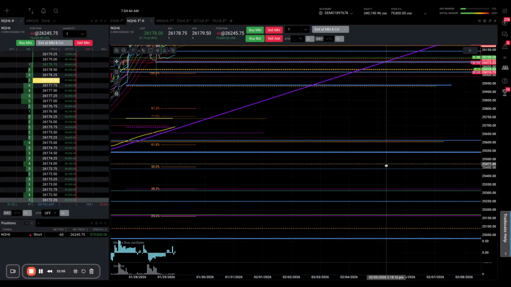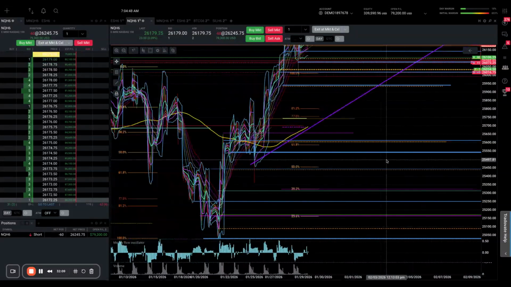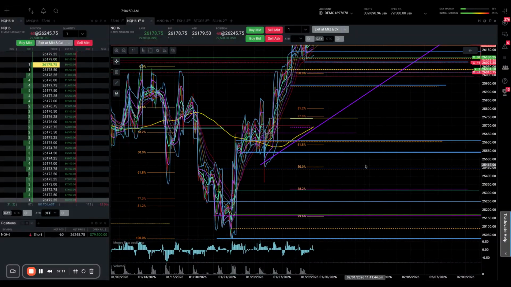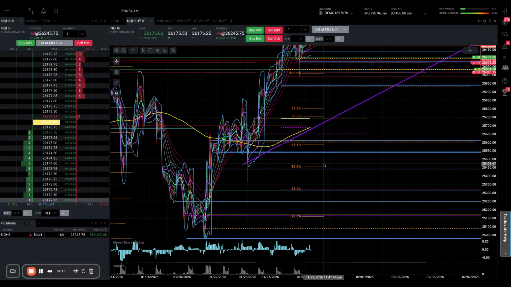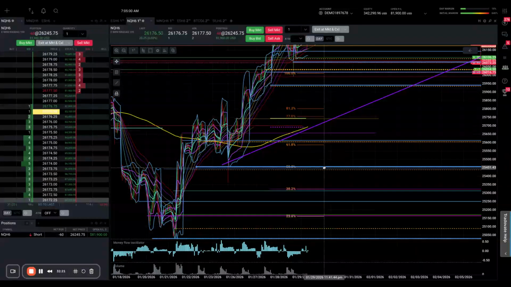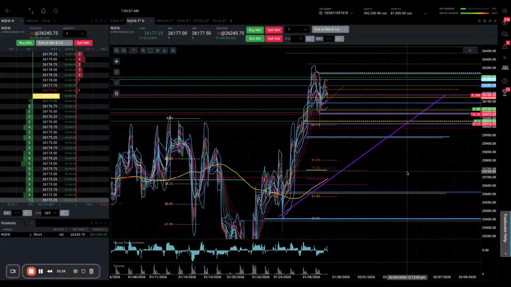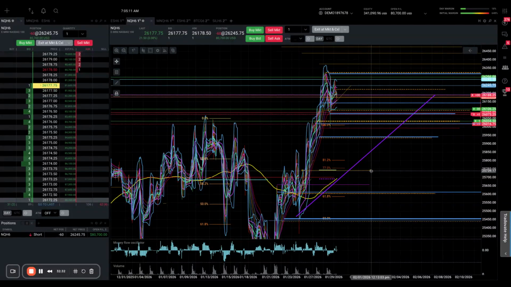Okay, and then I can move this line and do something like that. There. All right, guys, so that's how I'm going to keep my lines for today. And I'm also going to move that here. Because these are going to be new important levels for us while we're trading.